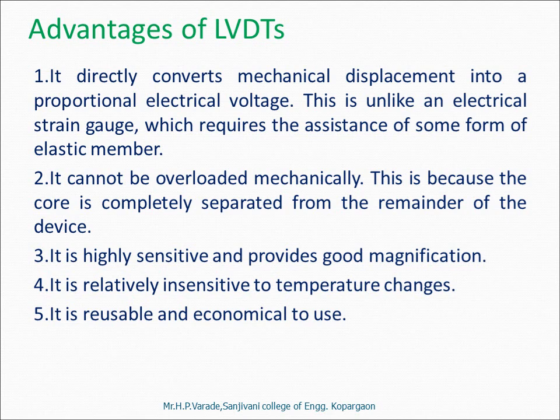The third advantage is that it is highly sensitive and provides good magnification. Next, it is relatively insensitive to temperature changes. It is reusable and economical to use. So these are the advantages of LVDTs.